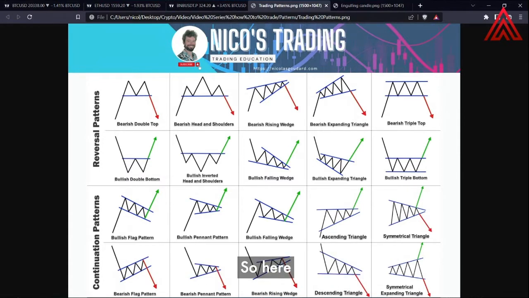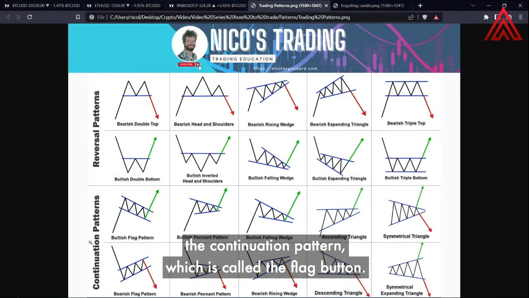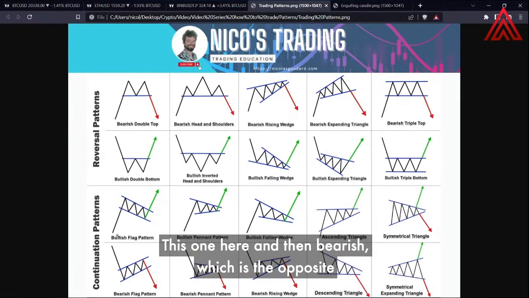For today, we're going to just focus on the continuation pattern called the flag pattern, which can be bullish. When it is bullish, it's a continuation of an uptrend, this one here. And then bearish, which is the opposite.